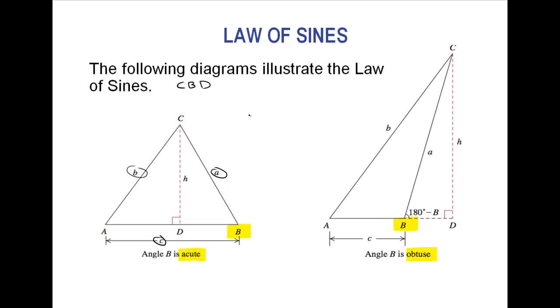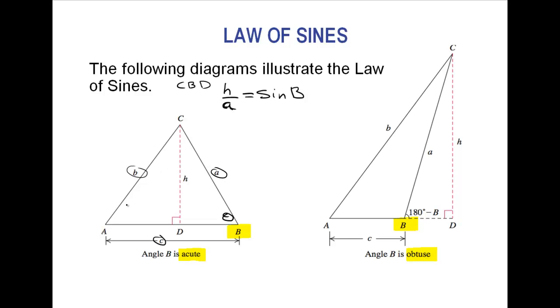And we know that H over A is equal to sine of B, right? This is opposite over hypotenuse.